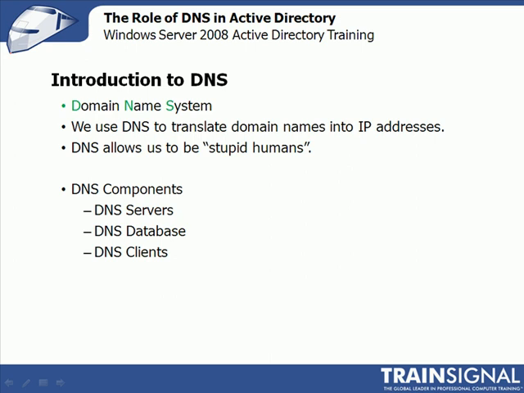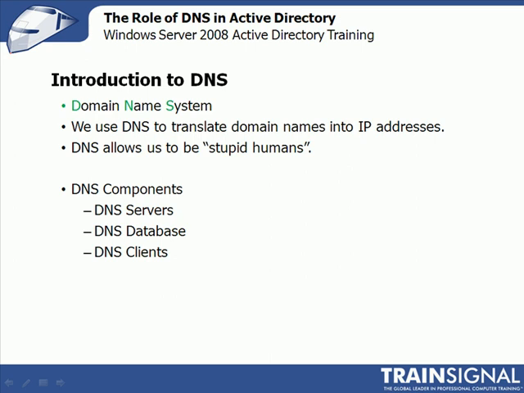So for instance, when you visit your favorite website, we'll say www.trainsignal.com, that's a domain name, but the way your computer actually pulls up Train Signal's web page, the way it communicates with the web server here at Train Signal, is via IP address.